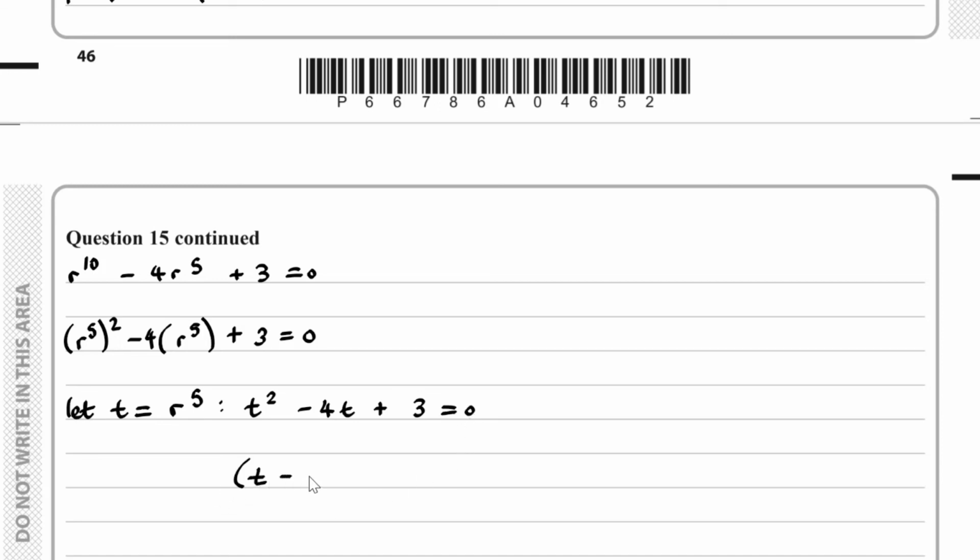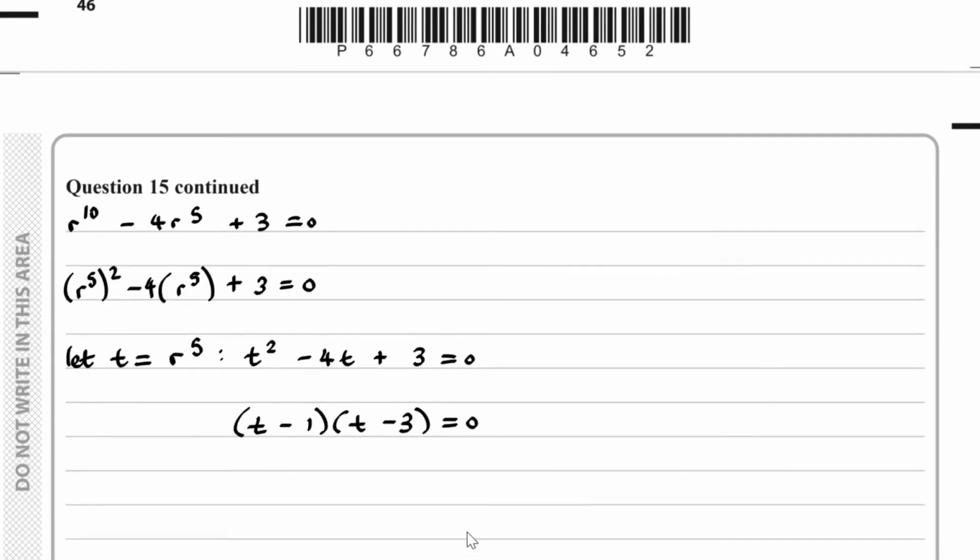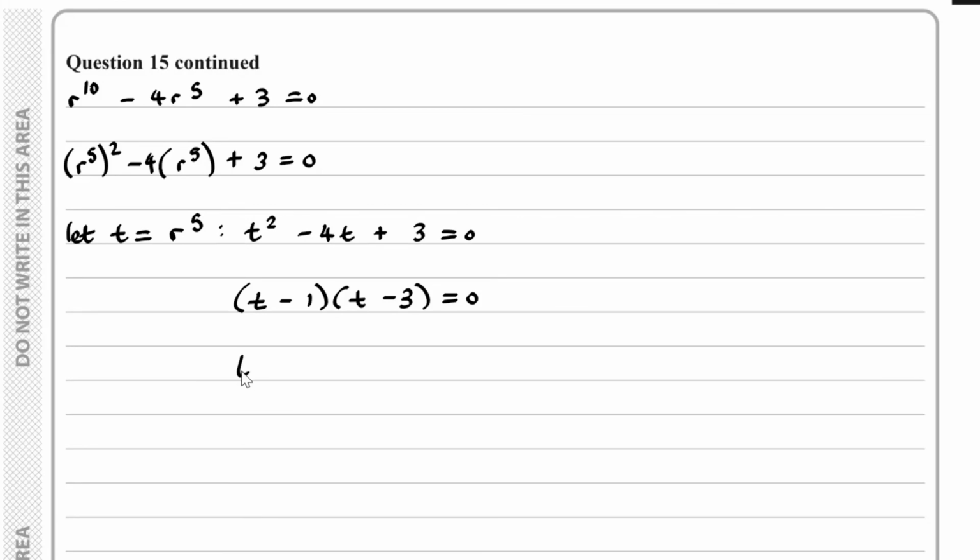Factorising, t minus 1 lots of t minus 3 is equal to 0. So we've got two possible solutions: t equals 1, t equals 3. And using r to the 5, we've got r to the 5 equal to 1, and r to the 5 equal to 3.